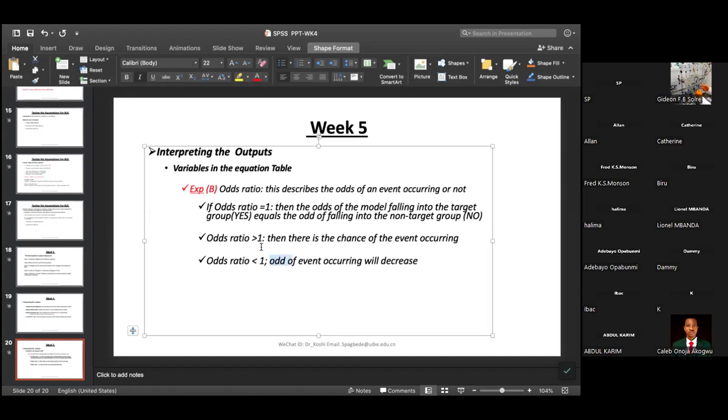So greater than 1, less than 1. Whenever you're looking at your odds ratios, just keep in mind which one is greater than 1. If it's greater than 1, then there's a chance of that, or the odds of that occurring. If it's less than 1, then it decreases the odds of that occurring. So the most important thing to bear in mind is greater than 1 and then less than 1.